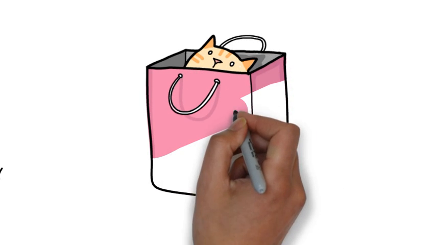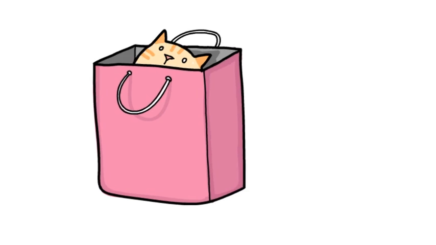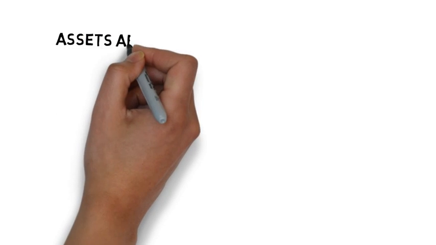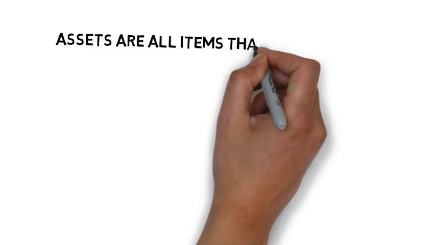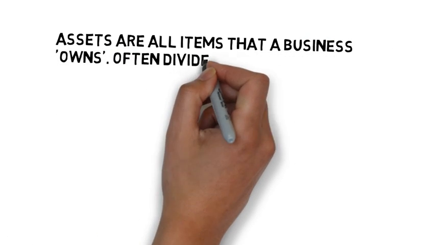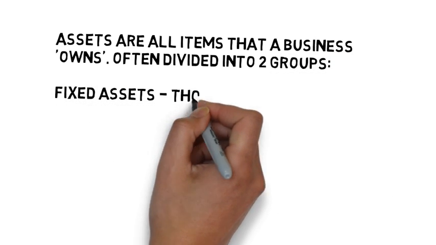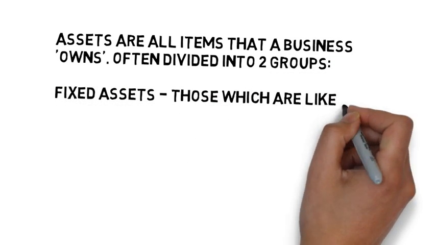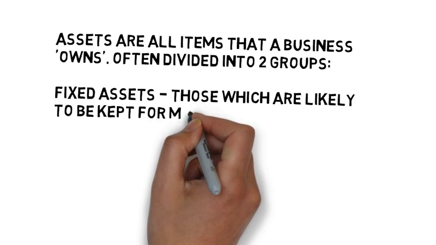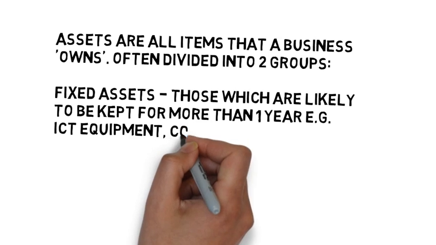to the organisation. And we can divide assets into two categories. We can divide them into current assets and into fixed assets. Beginning with fixed assets, so the word fixed, think of your literacy skills here.